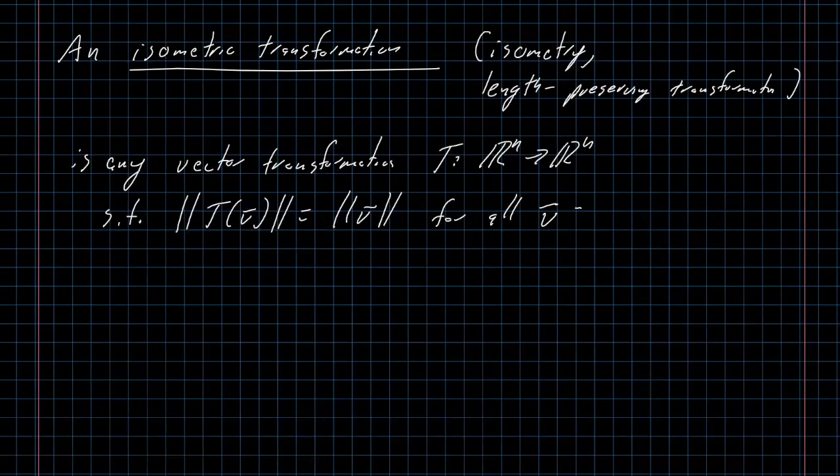And so we can codify that: an isometric transformation, also known as an isometry or a length-preserving transformation, is any vector transformation T. Notice here I never said linear. Any vector transformation T such that the magnitude of T of V is equal to the magnitude of V for every vector V in the vector space.